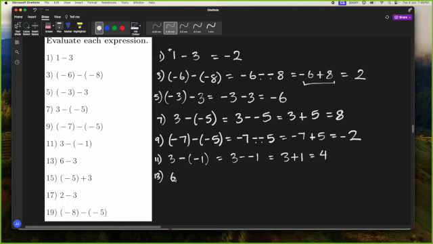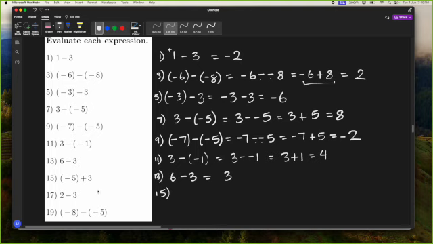If the signs are different, you find the difference and you keep the sign of the larger number, which is 6. So 6 minus 3 is 3. You see these rules do work for normal addition that you already know how to do. The rules still work.